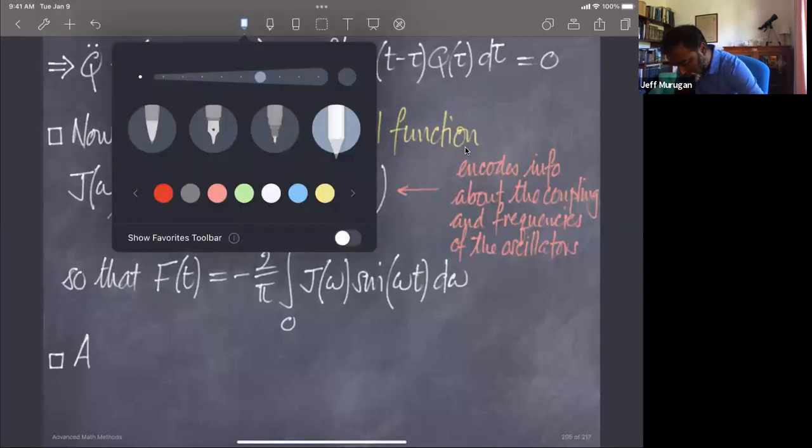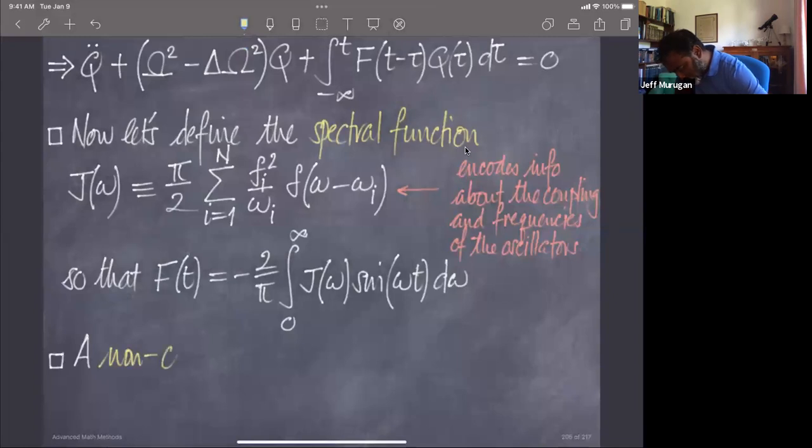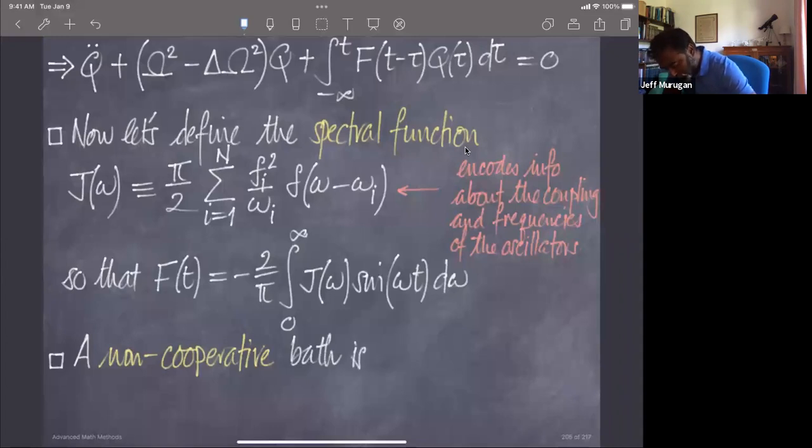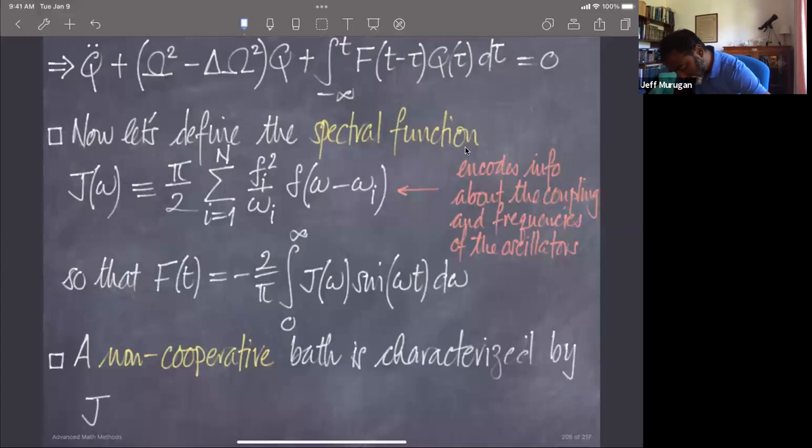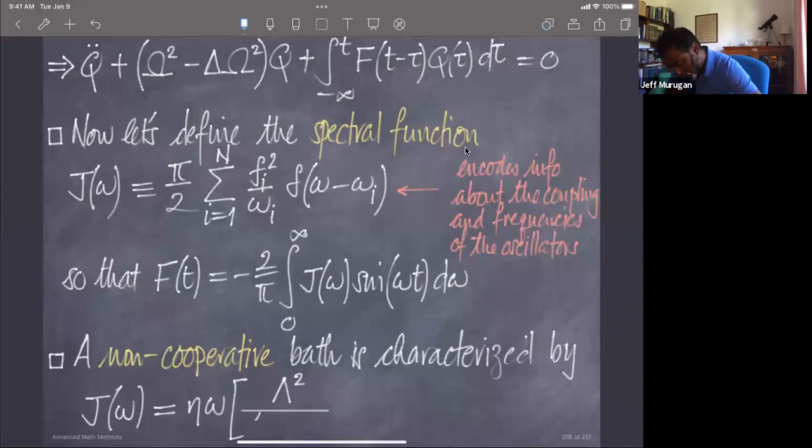A non-cooperative bath is characterized by a spectral function J of omega equal to eta omega, for some parameter eta, times lambda squared over lambda squared plus omega squared.